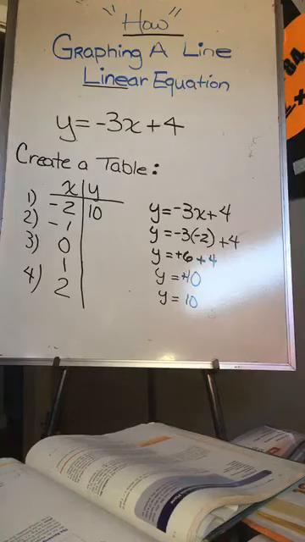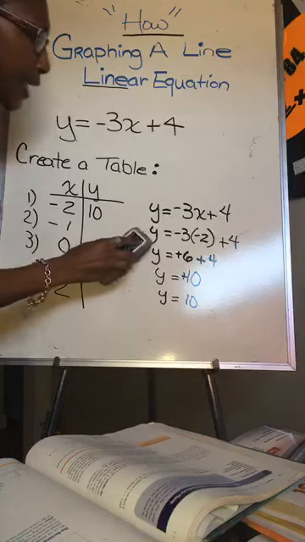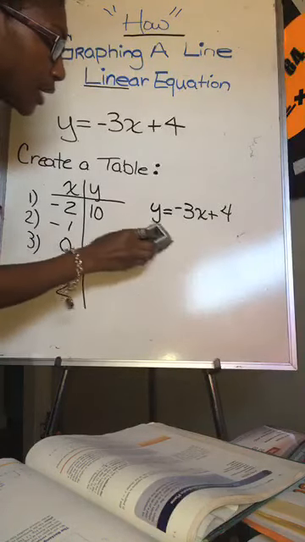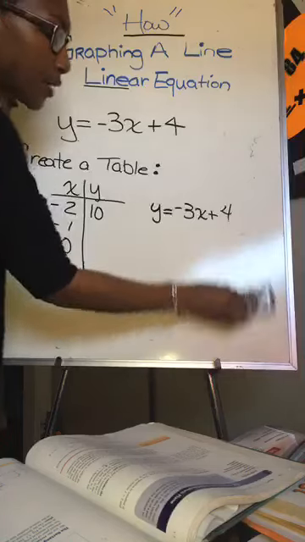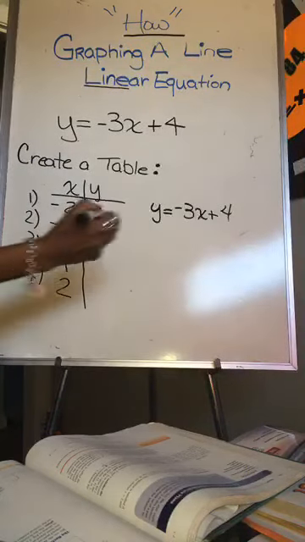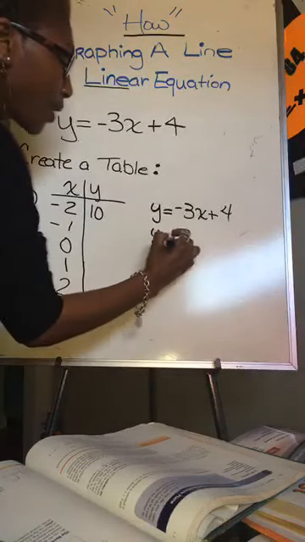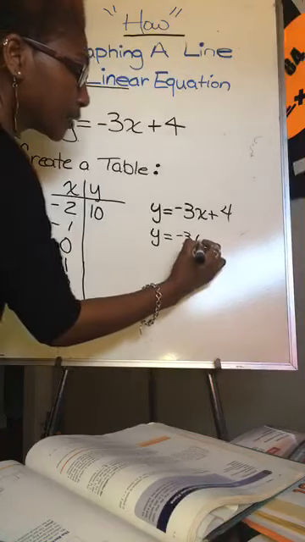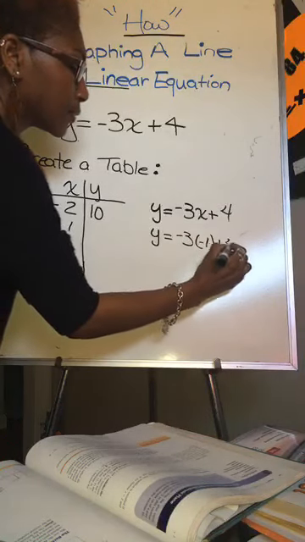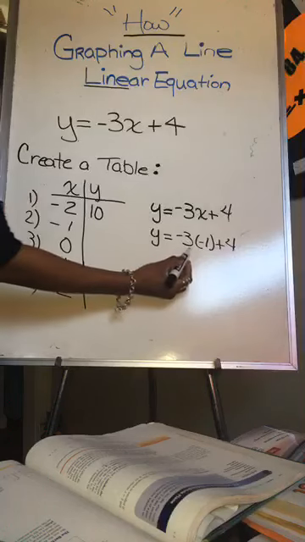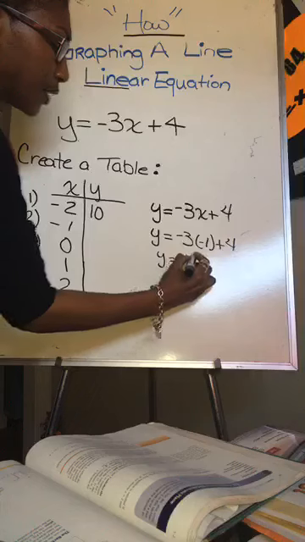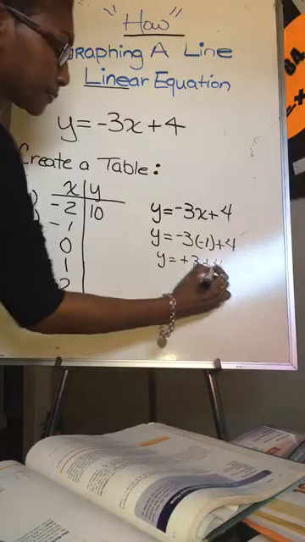Okay? So I'm going to erase this, and now I'm going to plug in -1. What we're going to do is just keep plugging in the values, and then we'll be able to plot it on our graph. All right? So now we're going to put y = -3, and we go to our second point and plug in -1. Okay, so a -3 times a -1 gives me a +3, plus 4.